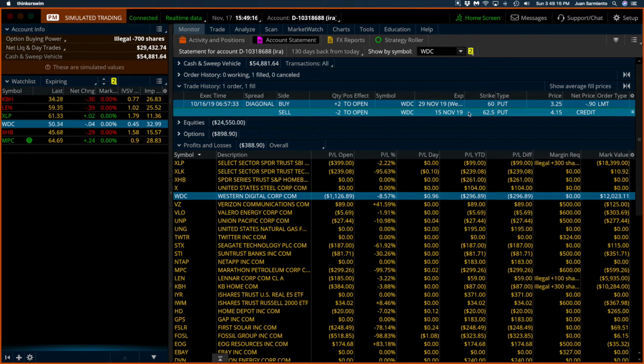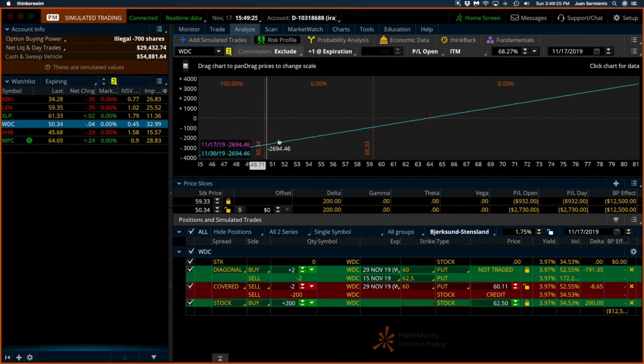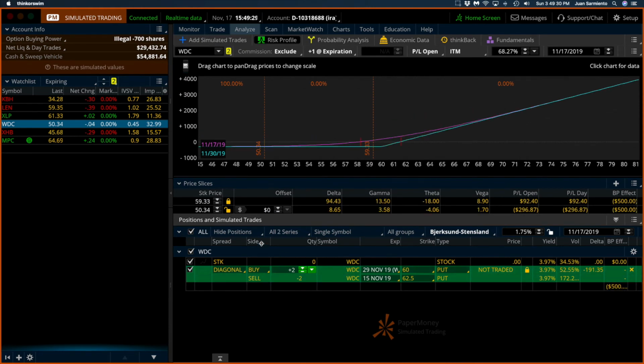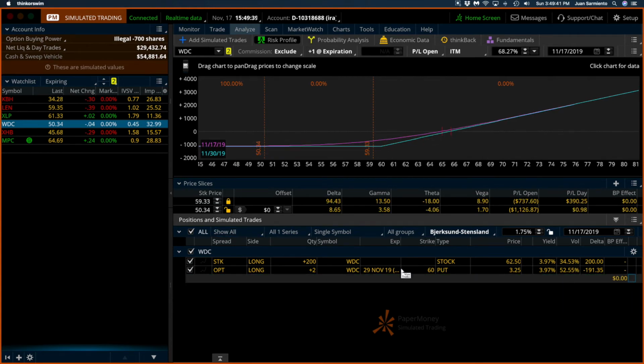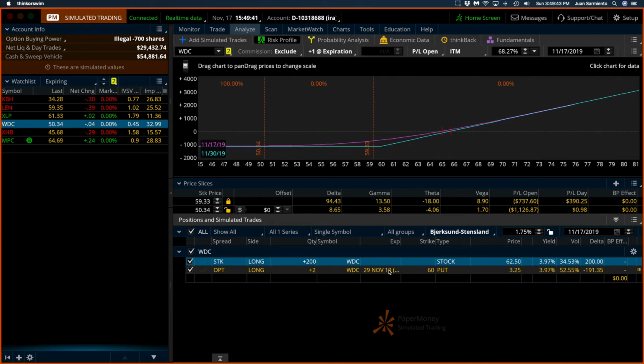My short puts here, and I got a credit of $4.15. I can't reproduce that back. So I can't put that here. So it's unfortunate, but what we're going to do anyway, nothing changes. I'm just simply going to close this position as a cover put. Okay. I can't reproduce the trade because I can't reproduce the short put here.